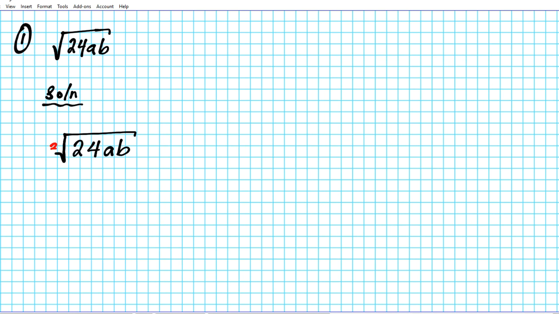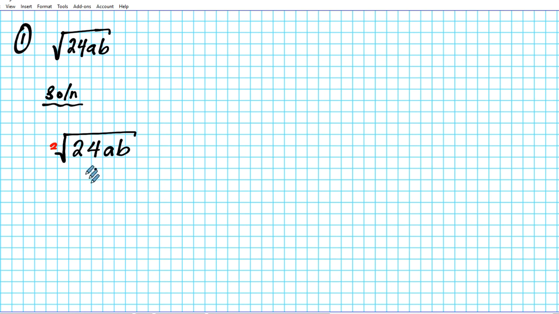So what does that mean? That basically means that every factor that repeats itself, when you take the square root of that, you just end up with one of the factor that has an identical factor. Okay? So we're going to be looking for pairs of identical factors, so we can take their square root. To do that, we're going to decompose the radicand completely.